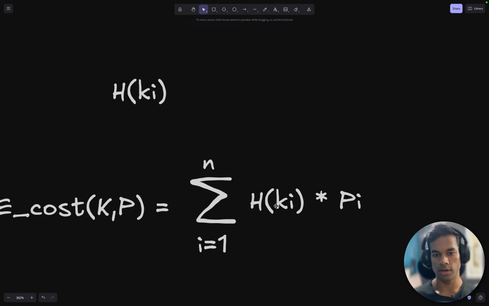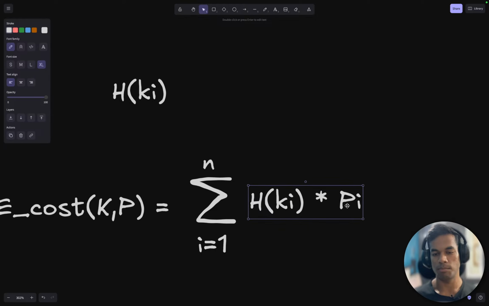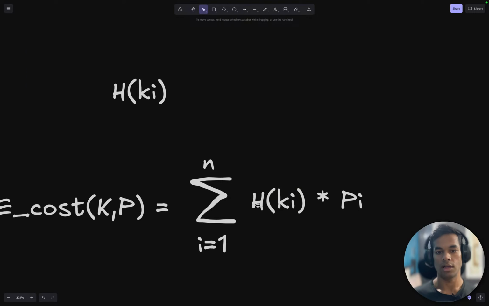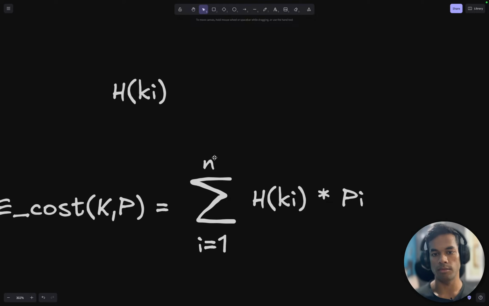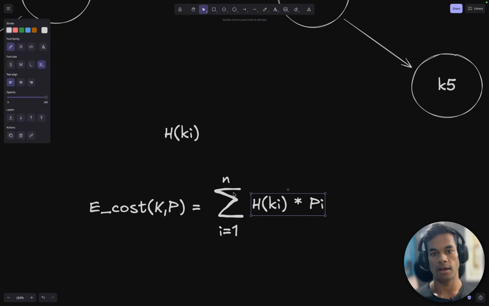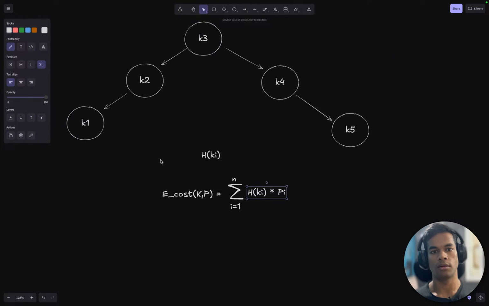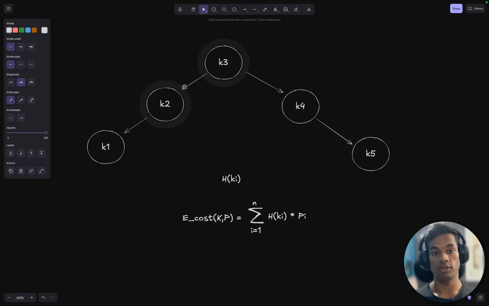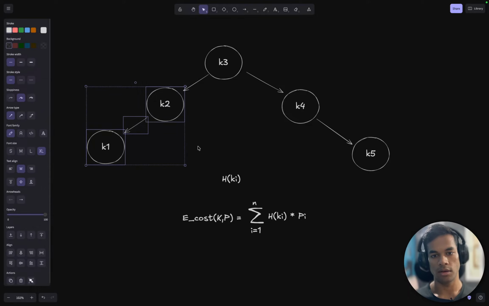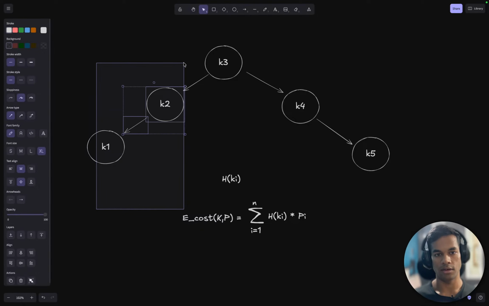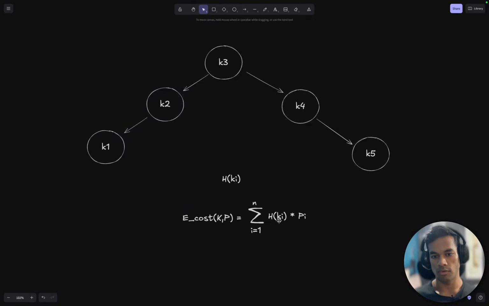And also, if we look at this function, the pi and ki are always fixed. They are not changing. The only thing that is changing in all the binary search trees that we could make is the height function. When we look at a subtree, the height function does not change.